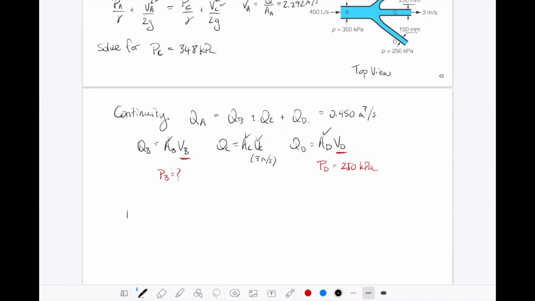So let's write Bernoulli's equation from A to D: PA over gamma plus VA squared over 2g is equal to PD over gamma plus VD squared over 2g. So this is 250, this is 350, and we know VA is 2.292.